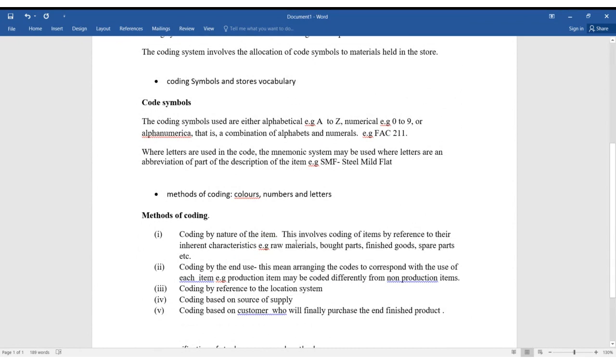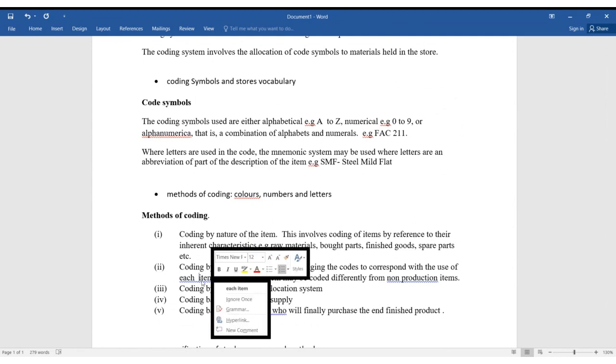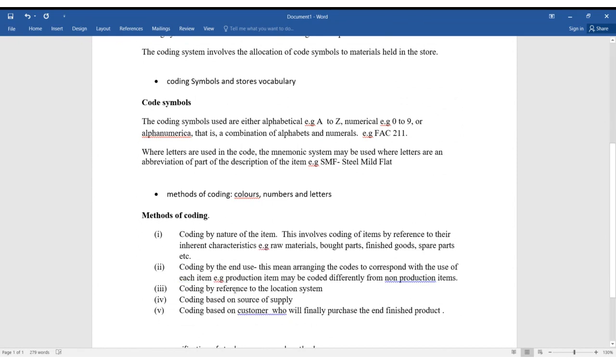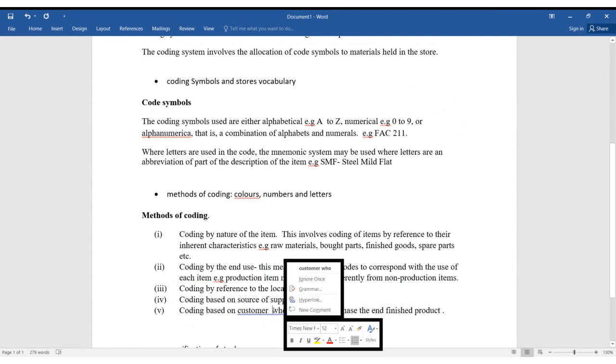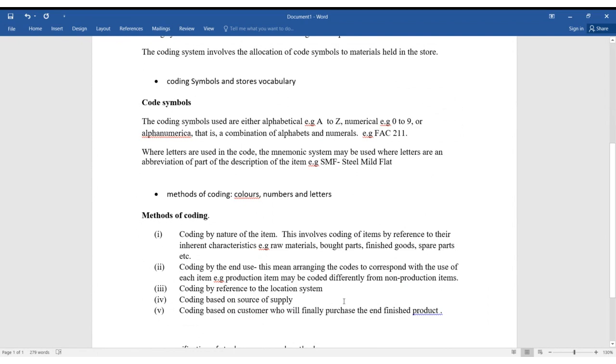Because they allow one to easily identify items within a store, and it takes the shortest time possible for proper identification. If you're talking about coding by customers, when customers make a requisition, you will know exactly where to find the items.